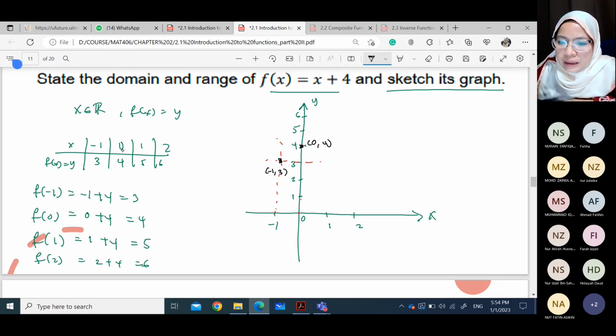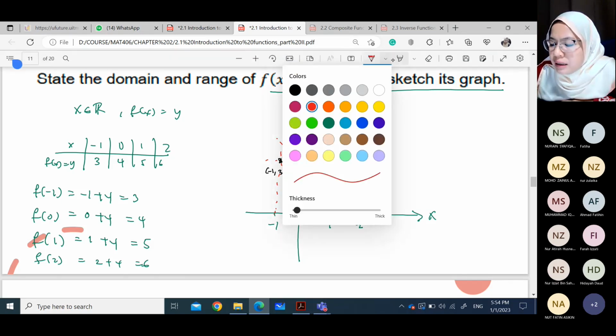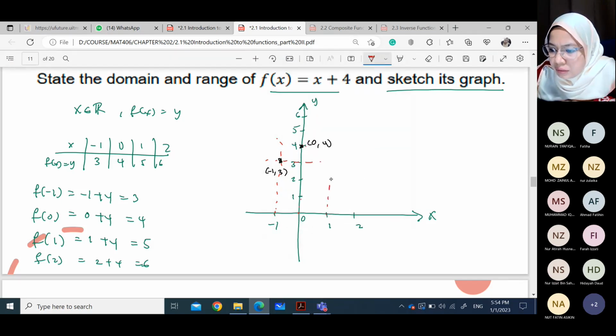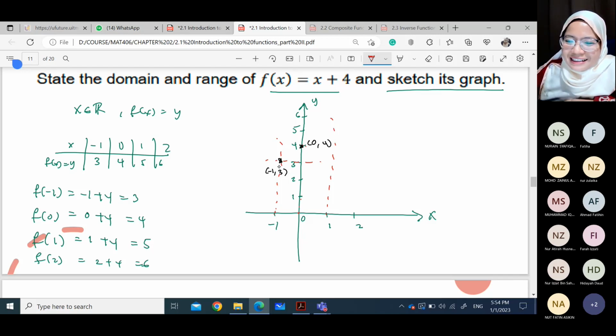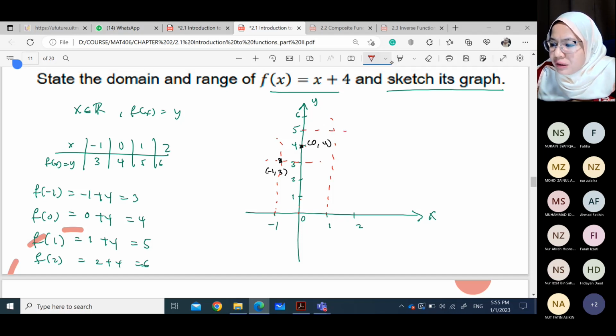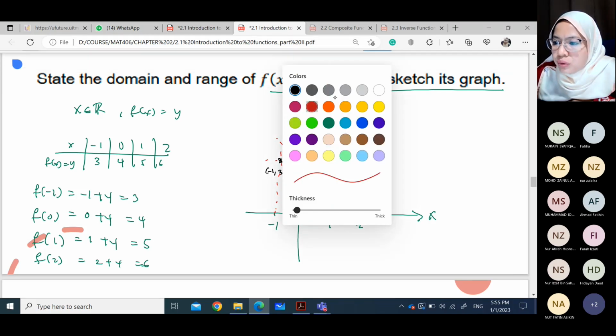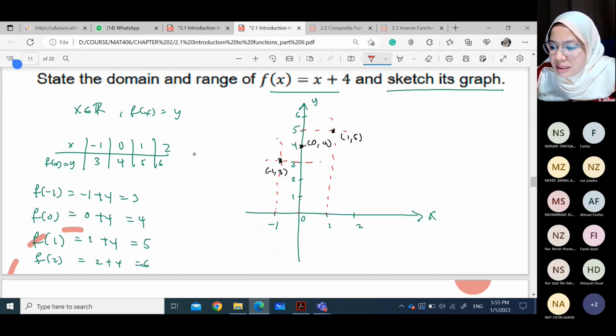Next, for x equals 1, the method is the same. x is 1, using a ruler, x is 1, y is 5. The intersection is the point. So this one is (1, 5). And then the last one, x equals 2, and our range here is 6.